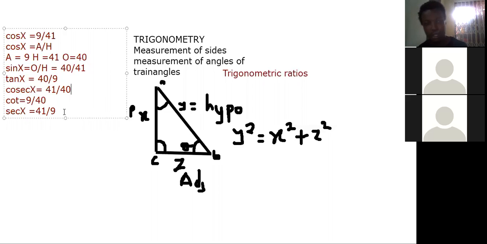So the cosecant, you said, is H all over A, and it is also equivalent to 1 all over sine theta. So H is 41 and A is 9.